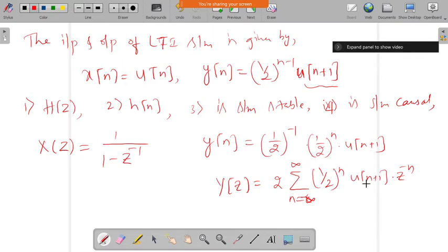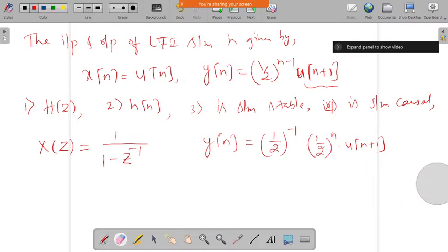Since it is from minus 1 to infinity, n equal to minus 1 to plus infinity, here one more step we can do, or we can directly get the Z transform. I will add half power minus 1 into half divided by half, multiplying by half and dividing by half.